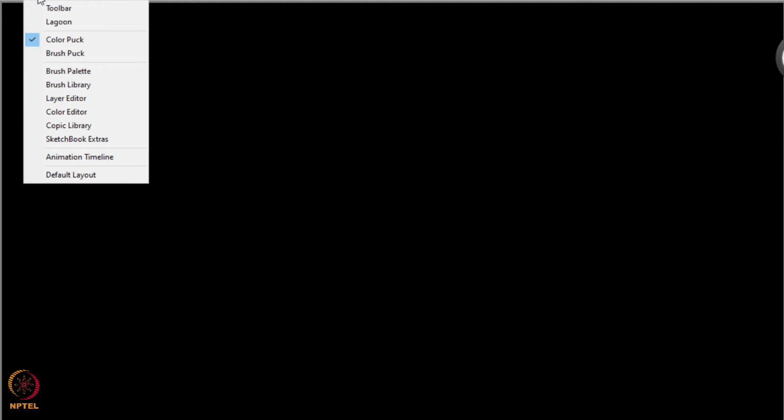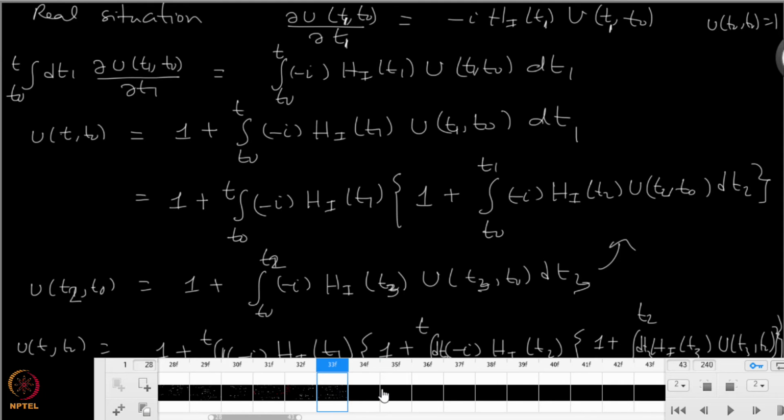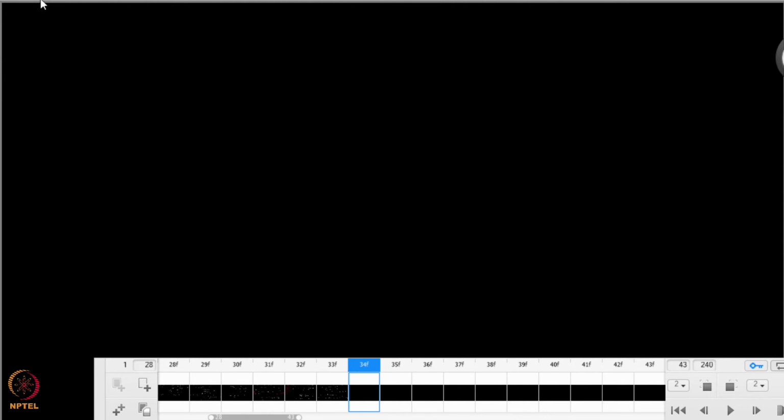So what you get eventually is the following. Let me just copy from my notebook. 1 plus minus i integral dt1 Hi of t1, that's what we had.